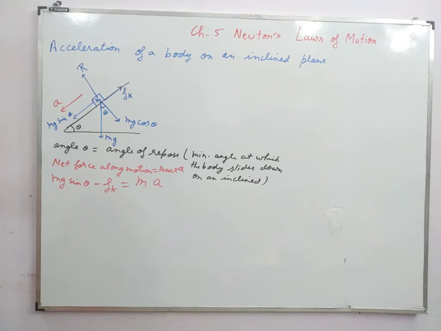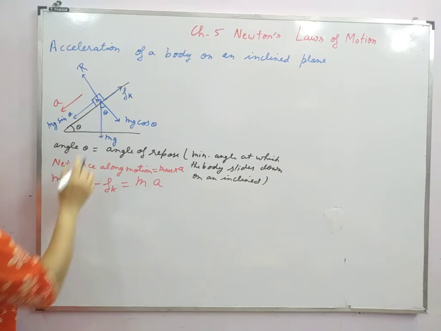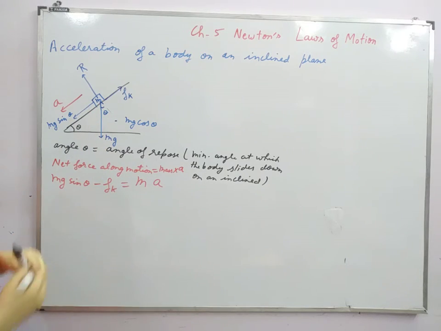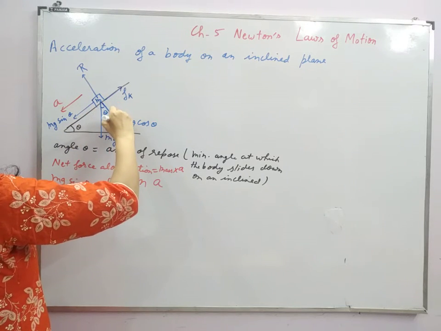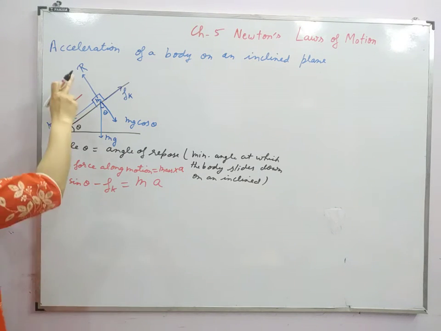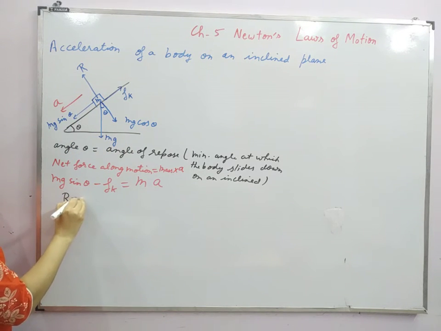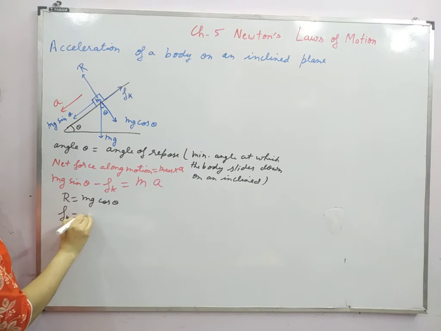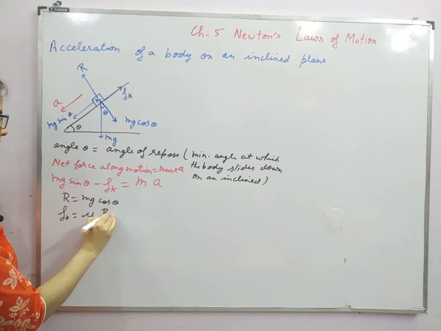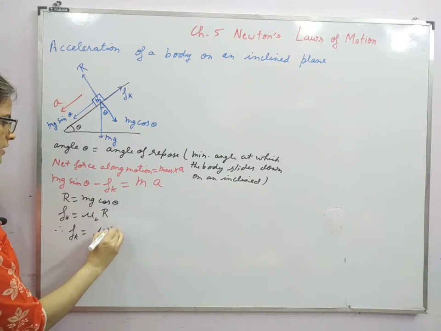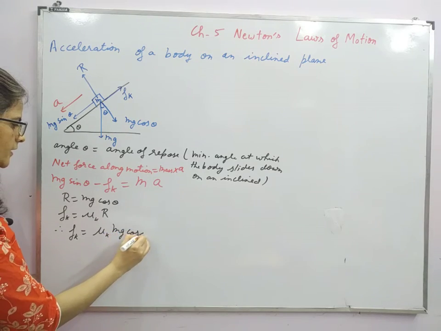Now let's put the other values. We know that R is equal to mg cos theta in this case, and fk is equal to mu k into R. Therefore fk is mu k into mg cos theta.